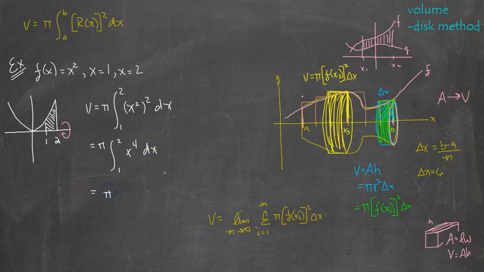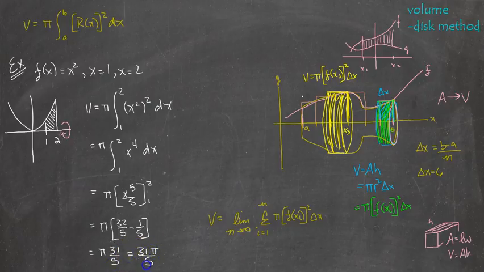So that's pi times x to the 5th over 5 from 1 to 2, which gives me pi times 2 to the 5th, 2, 4, 8, 16, 32 fifths minus 1/5, which equals pi times 31 fifths, which is better written as 31 pi over 5.